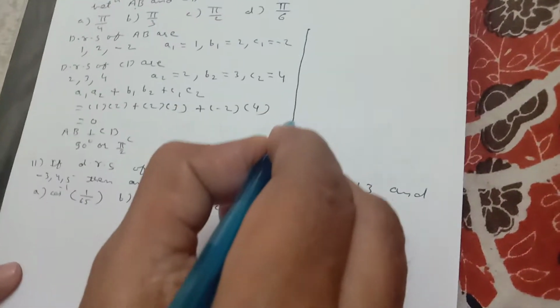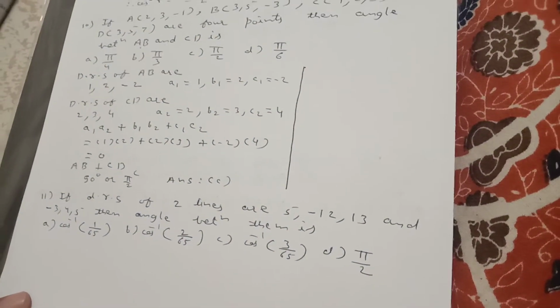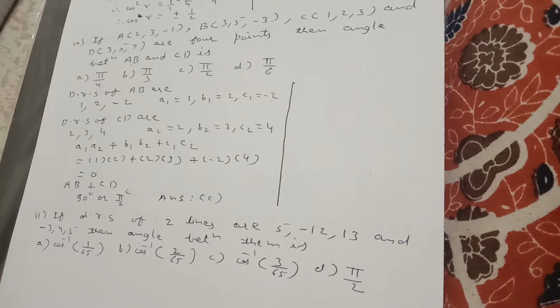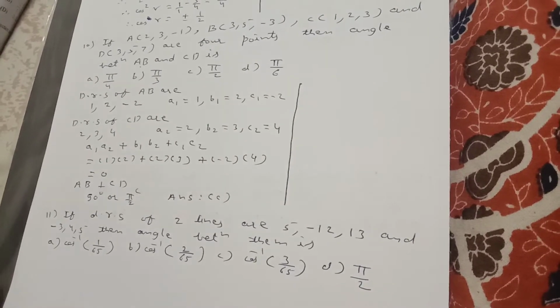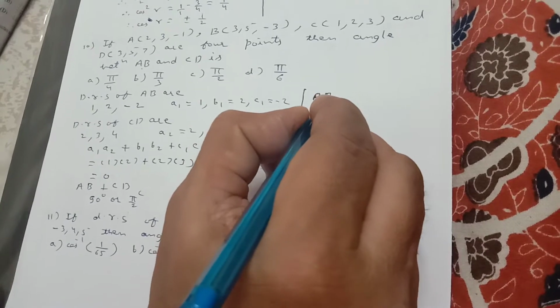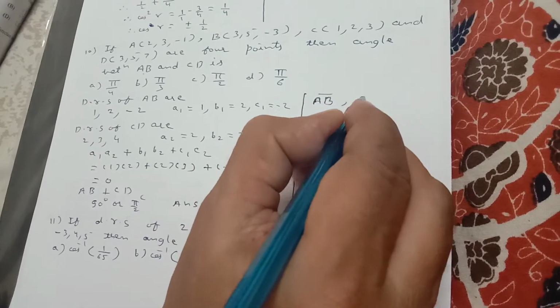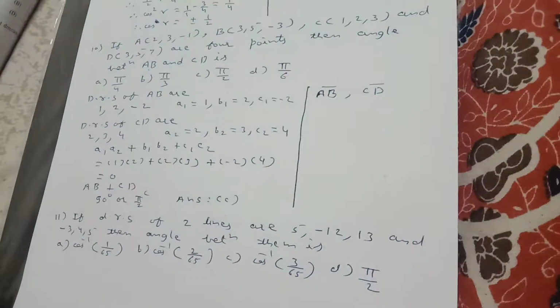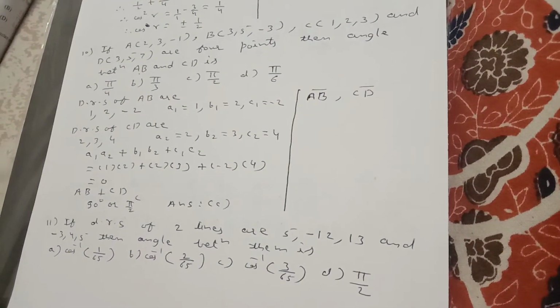We can solve the same example by another method also. We can use the vector method also. For that, we have to find vectors AB bar and CD bar. But these are vectors in space.